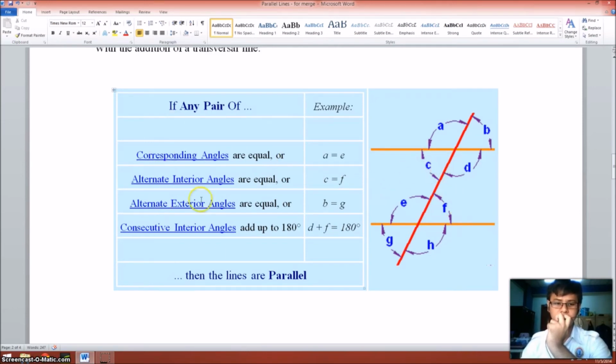And the alternate exterior angles are also equal. Take here b and g. And the consecutive interior angles add up to 180. Take here d and f. If we add them together, we get 180. If all these characteristics exist, then the lines are parallel.